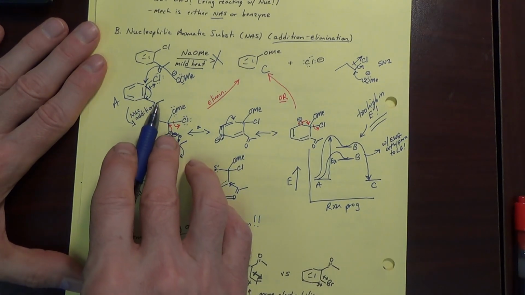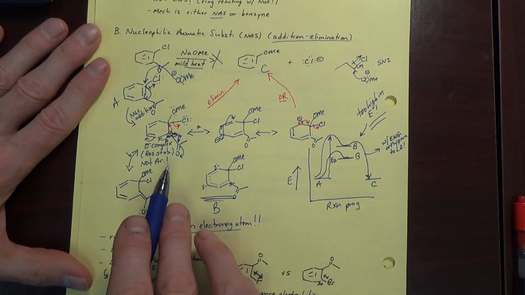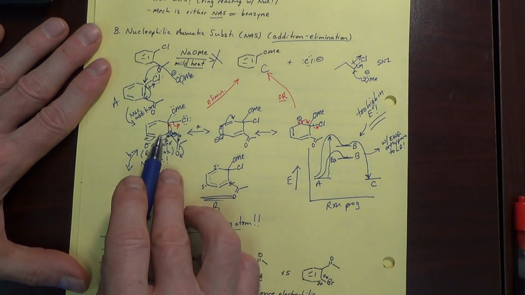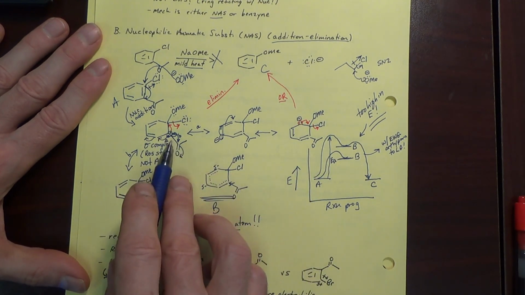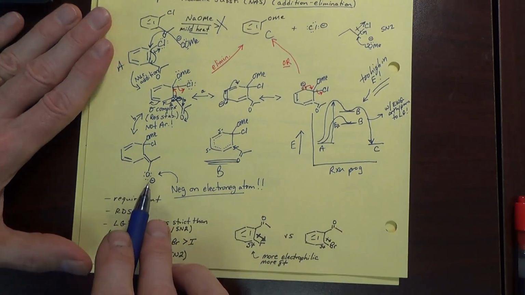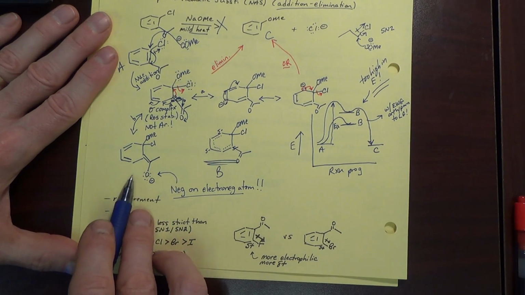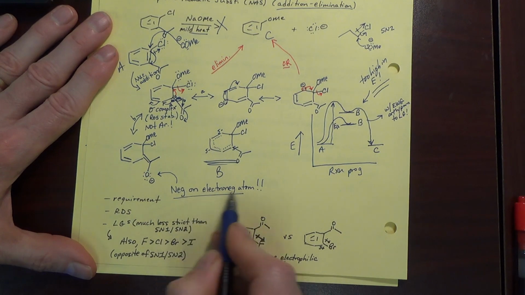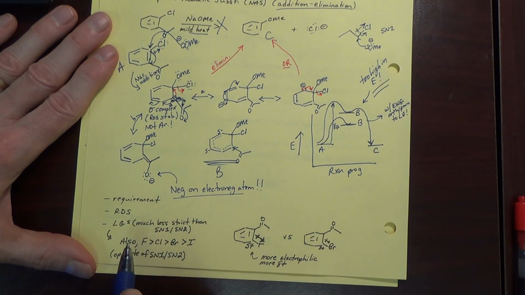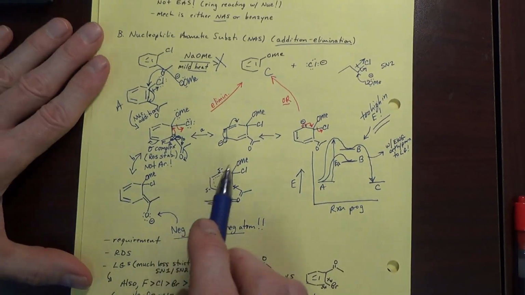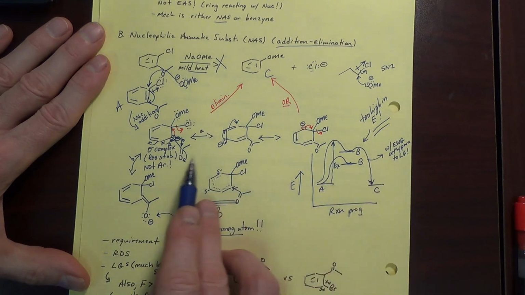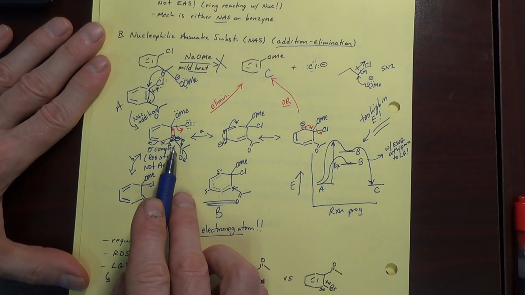If we have a group that the negative charge can be delocalized into, and the negative charge ends up on a more electronegative atom than carbon. Now, groups have to be ortho or para, because look, that's where the negative falls.